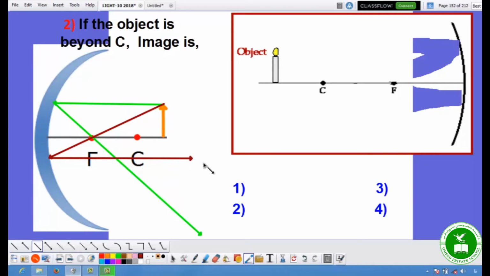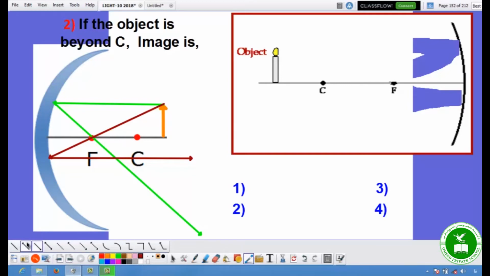Now where is the image formed? The image of this point of the object will be here, because the incident rays coming from this point intersect each other at this point.